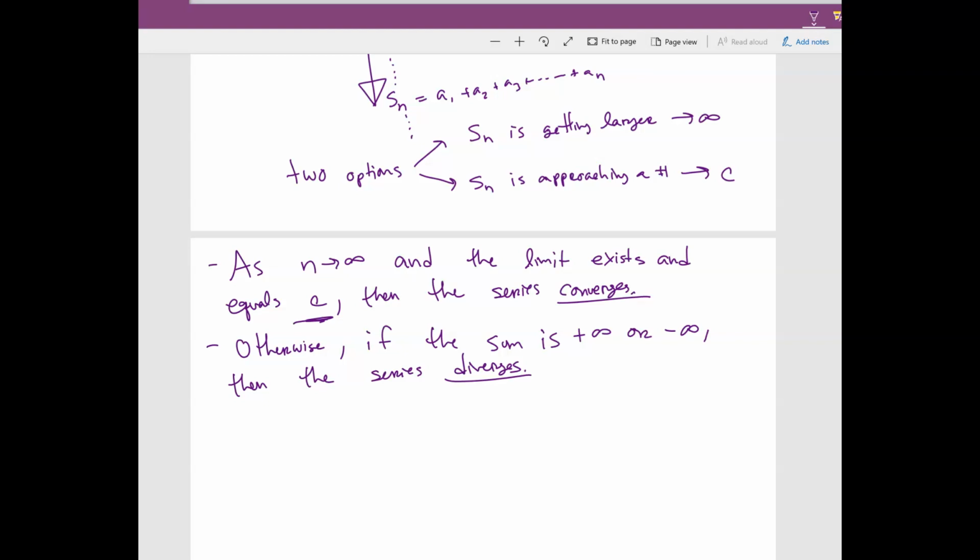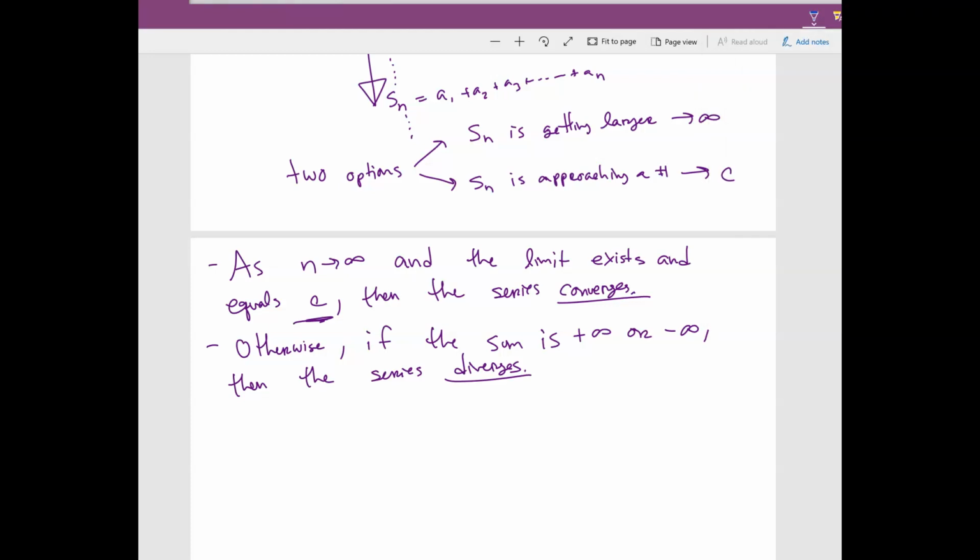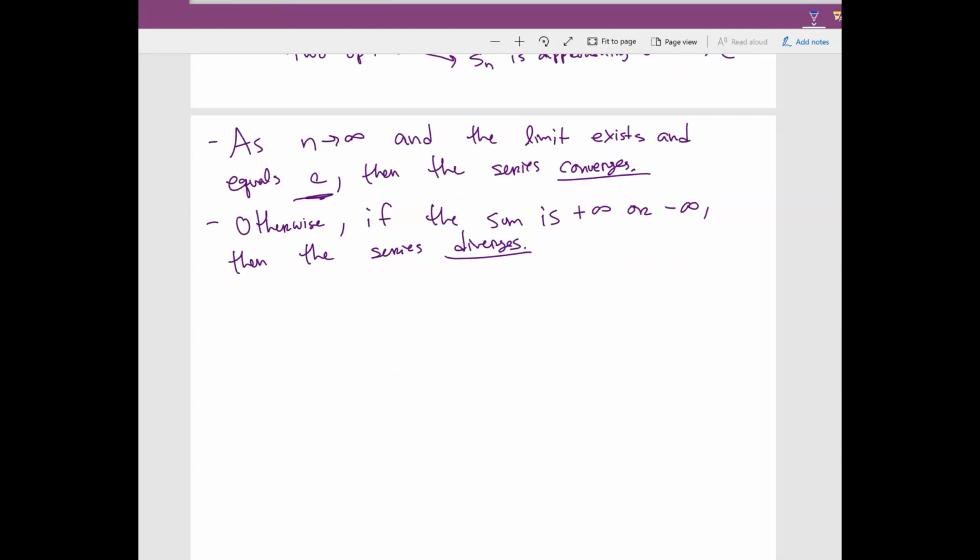Okay, so now you have to ask yourself, well, if I add a whole bunch of numbers, then the sum should be getting bigger and bigger. Well, that's not the case, because think about this guy. When you have 1, 1/2, 1/4, 1/8, 1/16, notice that you start off with 1 and you keep multiplying every term by 1/2.